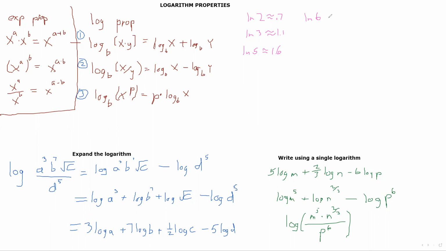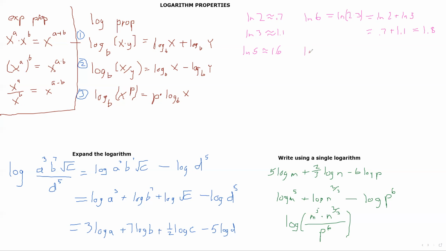Namely, we're going to recognize that 6 is 2 times 3. And now, if we use log property number 1, we can write this as ln2 plus ln3. And we know what those are. We were told to begin with that this is 0.7 and this is 1.1. So sure enough, the answer is 1.8.